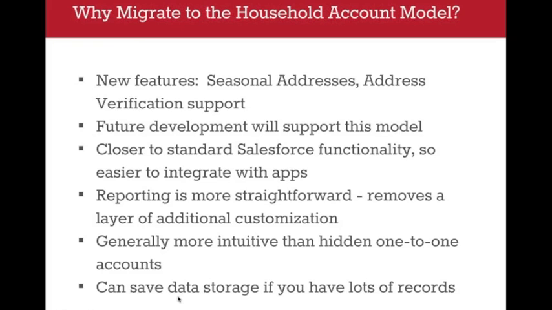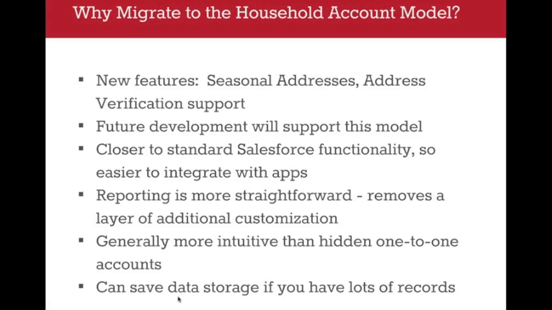I realized when we wrote this, Ashima, that we hadn't really thought about the implication of addresses. One of the reasons why it saves data storage is because, particularly if you're using the one-to-one account model, for every contact you also have the mirror account, and then you have the household.